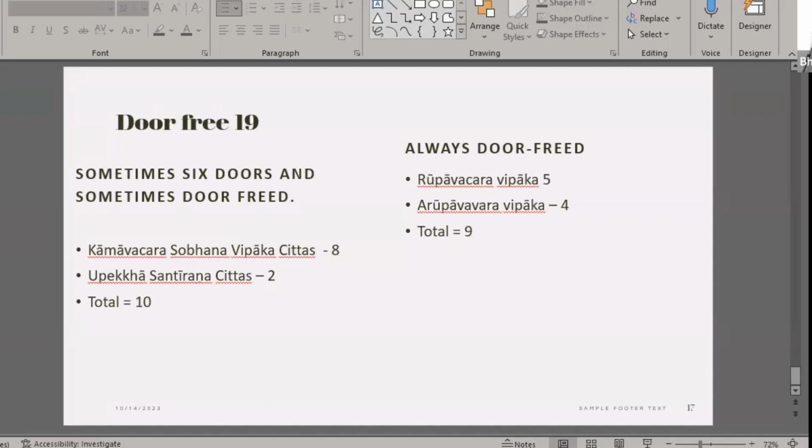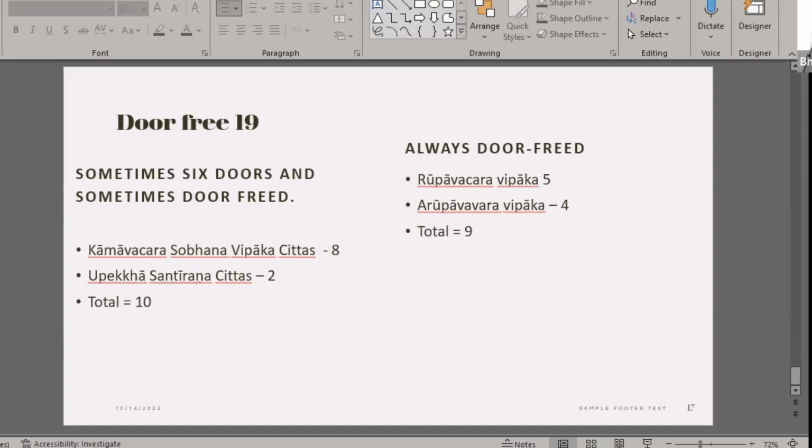What are they? Manodvara Vajjana, 55 Javana, 11 Tadarammana, 67. Then for door-free, generally 19. Then we classify cittas into one door, five door, six door, and door-free. How many cittas for one door? 26 Appana and Dvipancha Vinnana, 36 cittas.